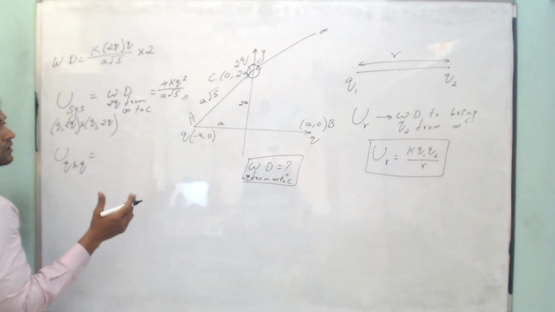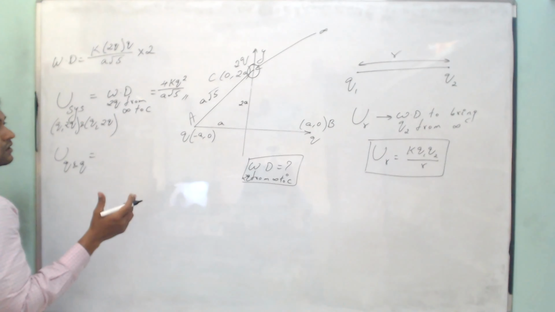Sir, we are considering the work done to bring Q to Q. The potential energy of the system Q and Q is the work done to bring this particular Q from infinity to this point. The question is, what is the work done to bring 2Q from infinity?